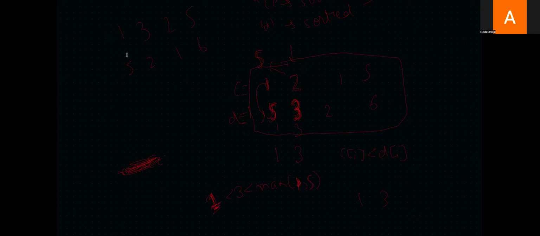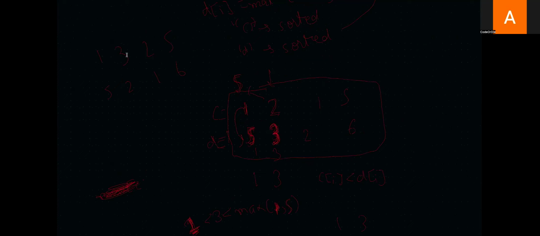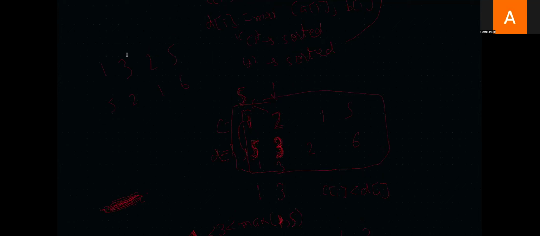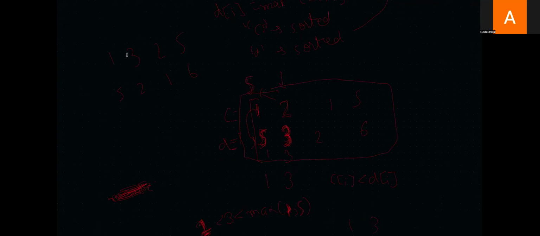Are you able to understand what I'm saying? If these C and D are not sorted, where C is the minimum of Ai and Bi at every index, and D is the maximum of Ai and Bi at each index, then you can never sort the array. You can never.